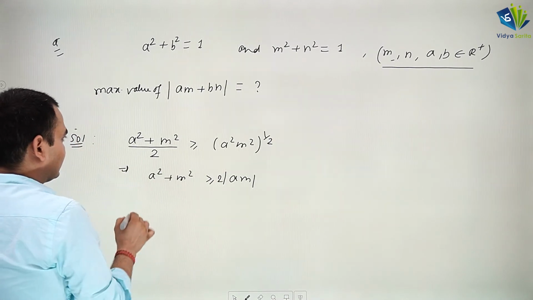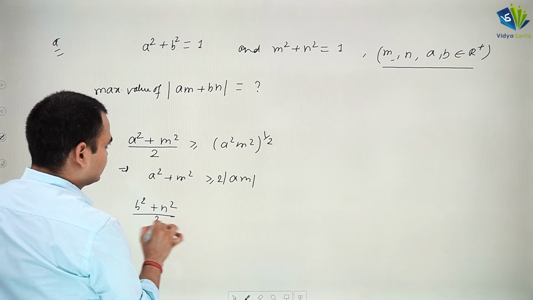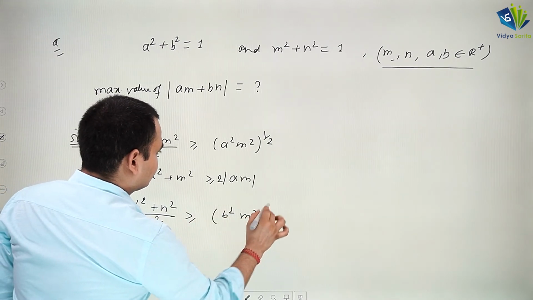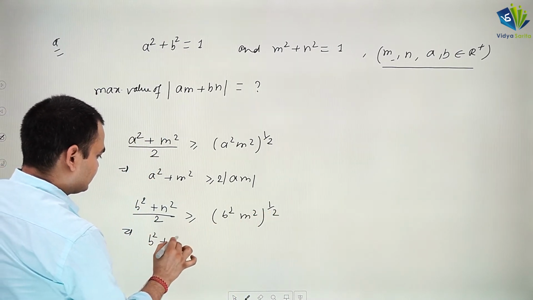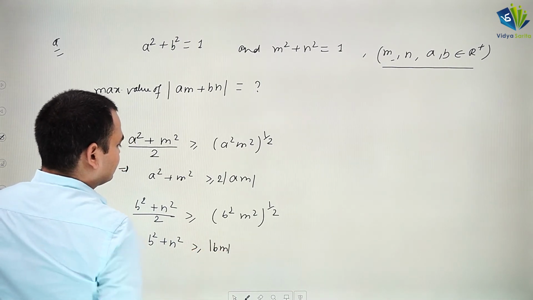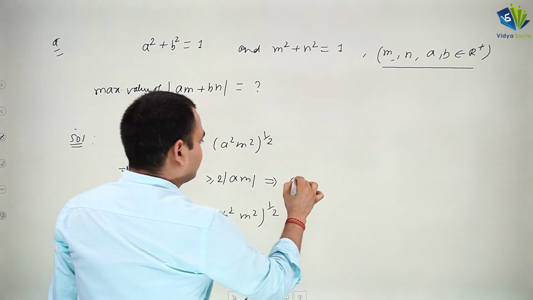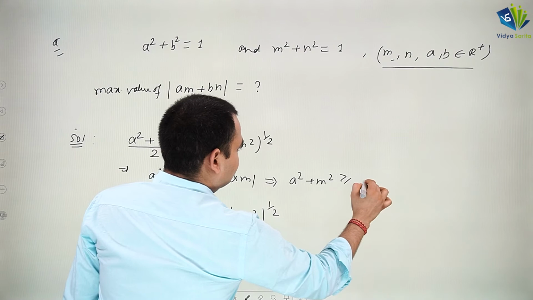Again if we apply AM greater than or equal to GM on these two numbers, then you are going to get b square plus n square greater than or equal to bn with mod, but this mod will automatically open because all these numbers are positive.